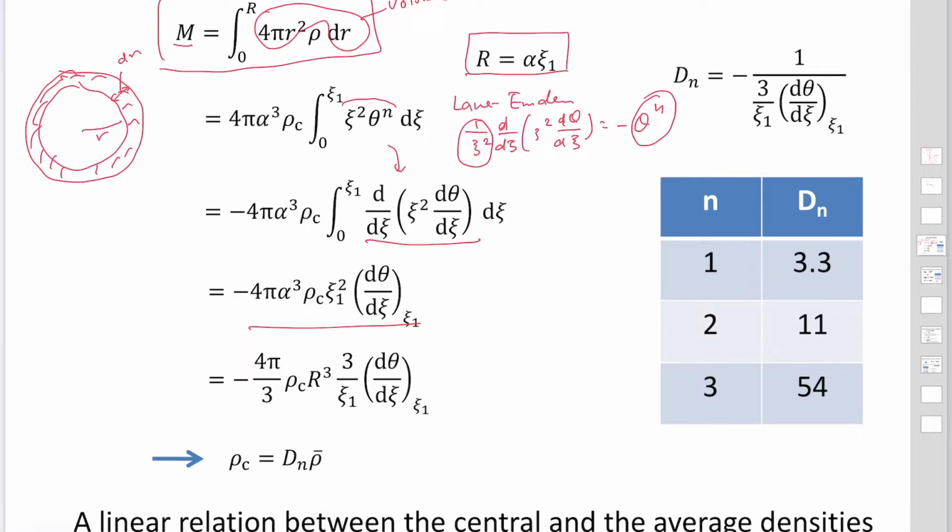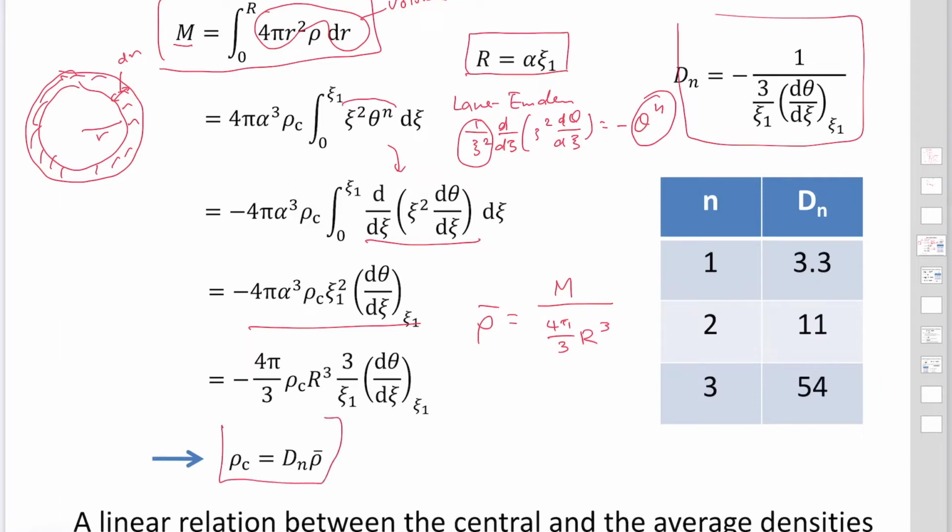It becomes these equations. The average density is given by the total mass divided by the volume of the star, 4π/3 R³. So if you introduce D_n, you could write ρ_c = D_n ρ_avg.